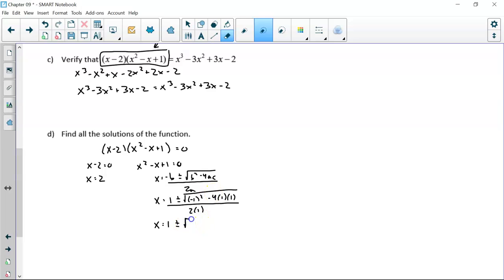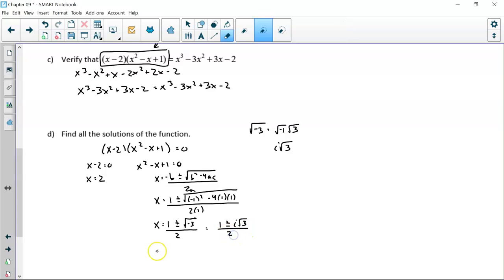You're going to get the square root of negative 3 under the radical over 2. Now, the square root of negative 3 simplifies to become the square root of negative 1 and the square root of 3. So that's i root 3. So it equals 1 plus or minus i root 3, all divided by 2.